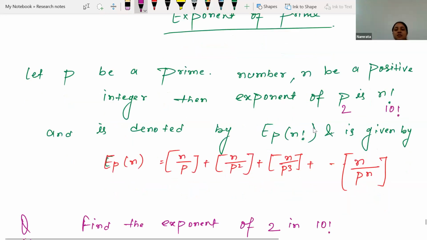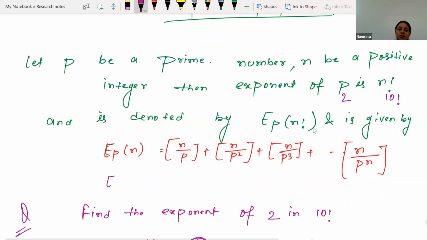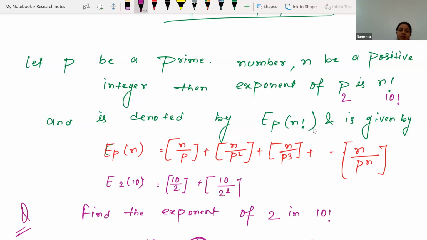Then the formula says the exponent in 10 factorial will be n by p, that means 10 by 2 plus 10 by 2 square plus 10 by 2 cube.